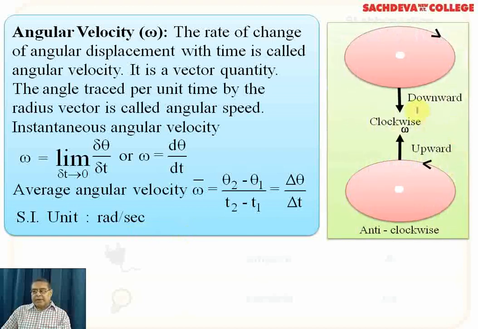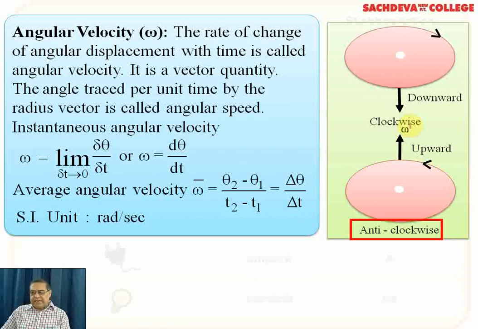Now in the adjoining figure, we find that the particle is moving in clockwise as well as anti-clockwise direction. If the axis is downward and it is moving in clockwise direction, then the angular velocity will be taken as negative.